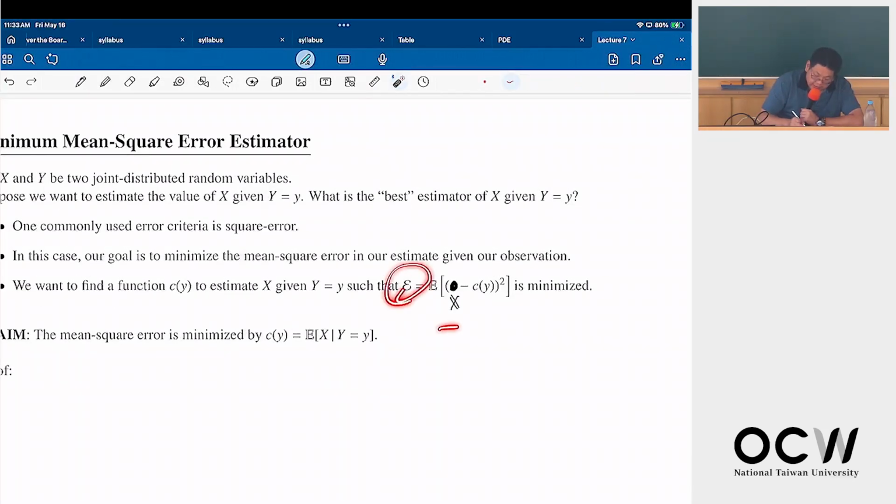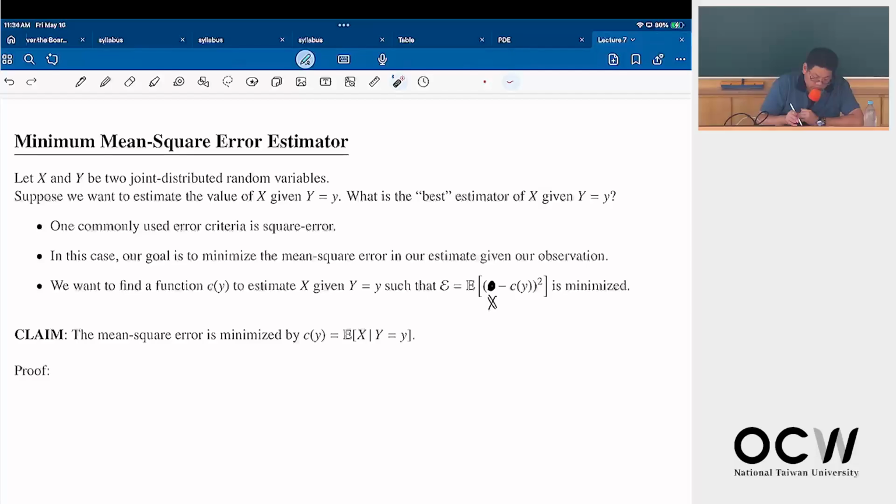The function c(y) estimates X given Y equals a number, and we make sure that the mean square error is minimized.